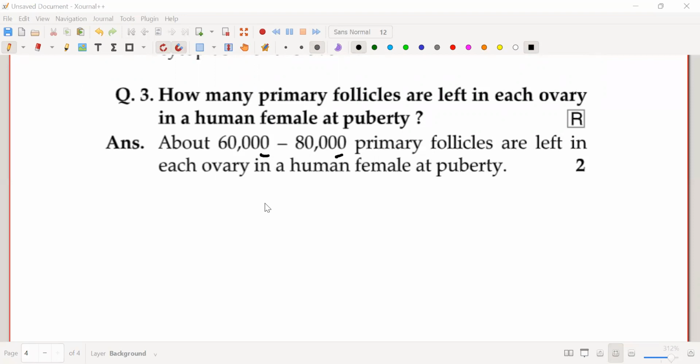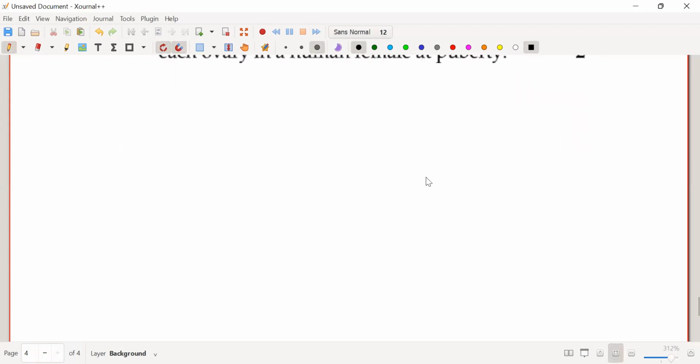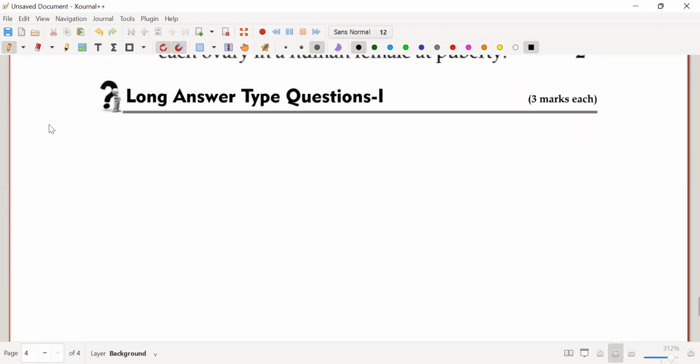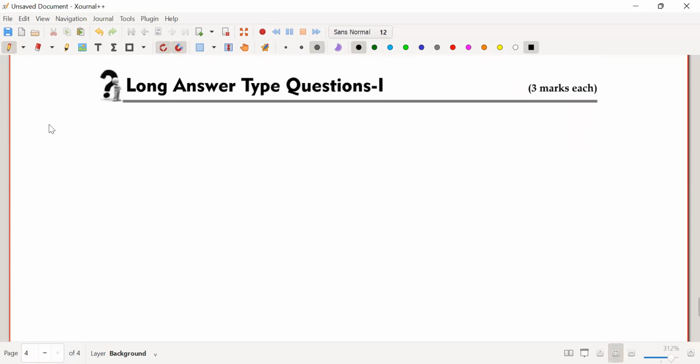Then next would be long answer type questions, 3 marks. Here there will be different modes of representation. Maybe diagrammatic questions would be there.